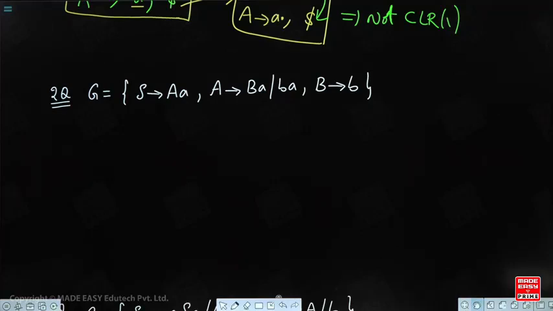How is it ambiguous? Praveen Solanki, second one, how is it ambiguous? S → A plus B, A, then A plus B A, then B plus B. Yeah, it is ambiguous.